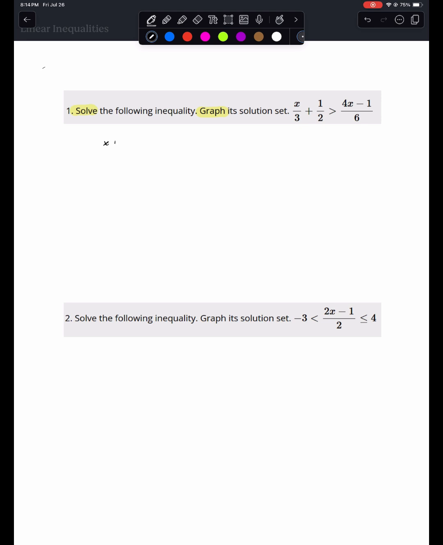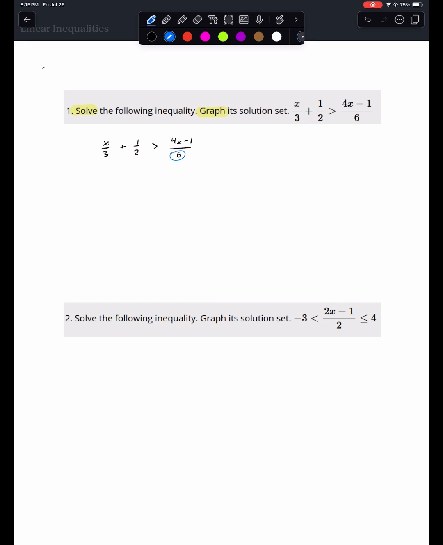So we're solving, right? We always want to isolate the variable. This doesn't matter if we're solving an equation or an inequality. We want to isolate that variable so we can extract as much information as we can. My first step here is actually not to simplify this left side, but actually to multiply both sides by 6.